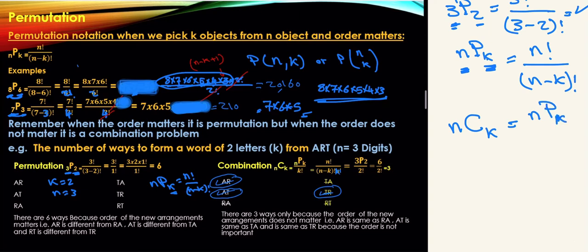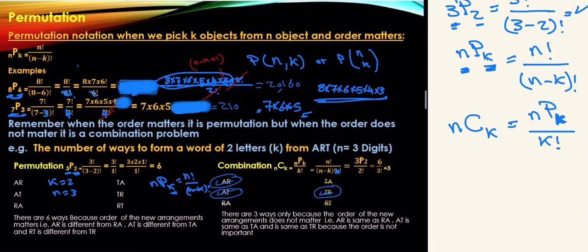We converted from nCk to nPk, a permutation problem, but we have to divide the permutation by k factorial.